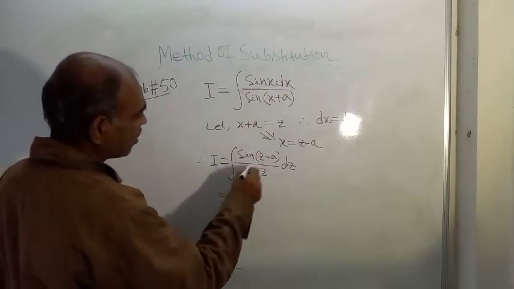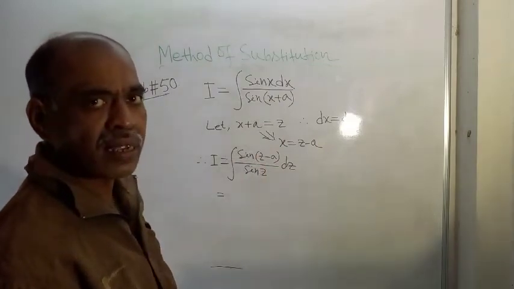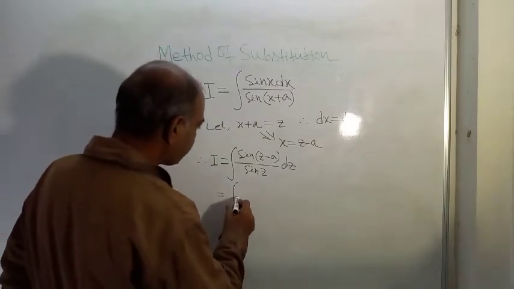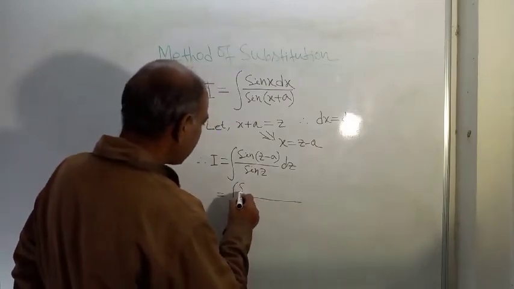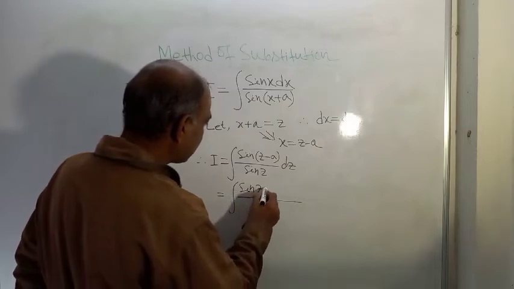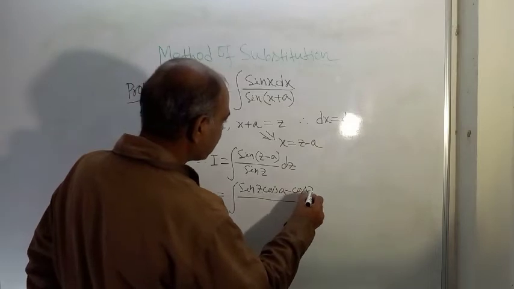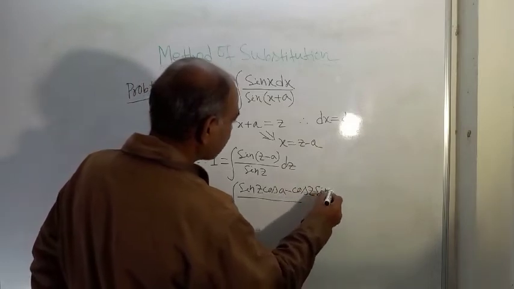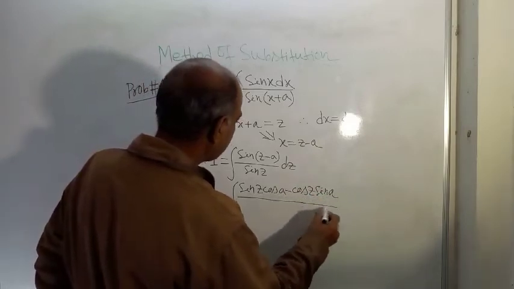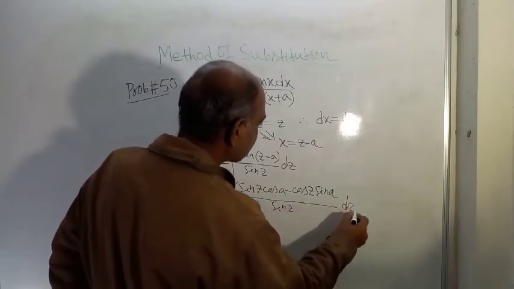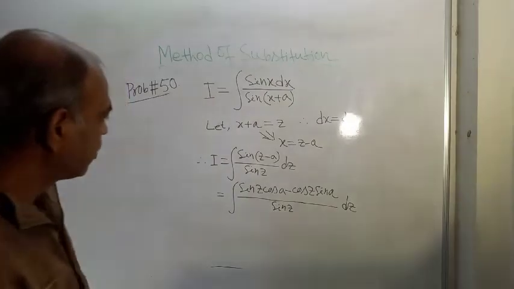Now we know that sin(A minus B) is equal to sin A cos B minus cos A sin B. Exactly that thing we are going to do here. Sin z cos a minus cos z sin a, divided by sin z, dz.